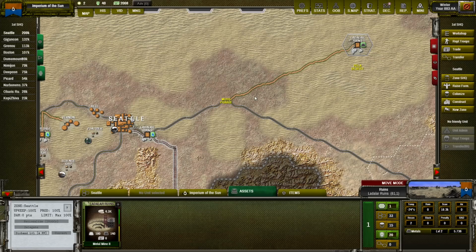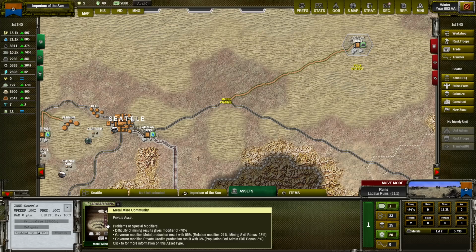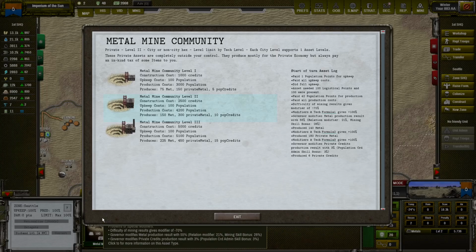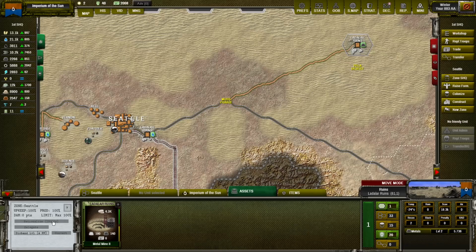Early game, such a road could be quite expensive, and I could spend a lot of industrial points. Now it's not a problem, but early game, this is very helpful if they will found this metal mine. Of course, later I can click and try to nationalize by paying some money.